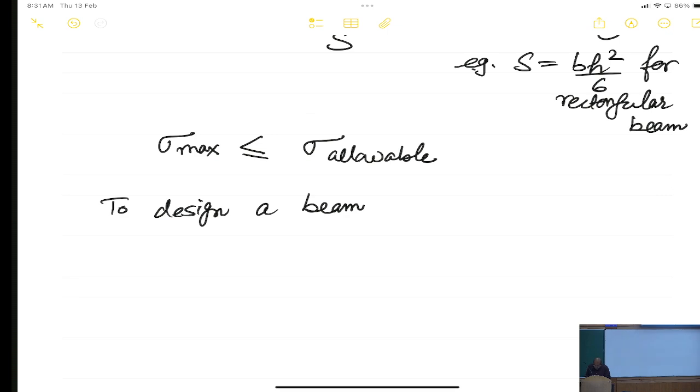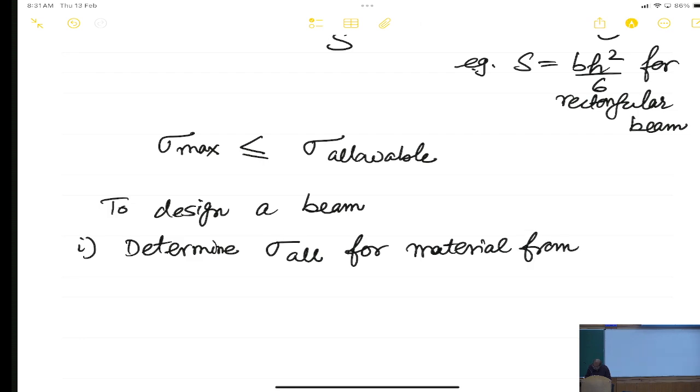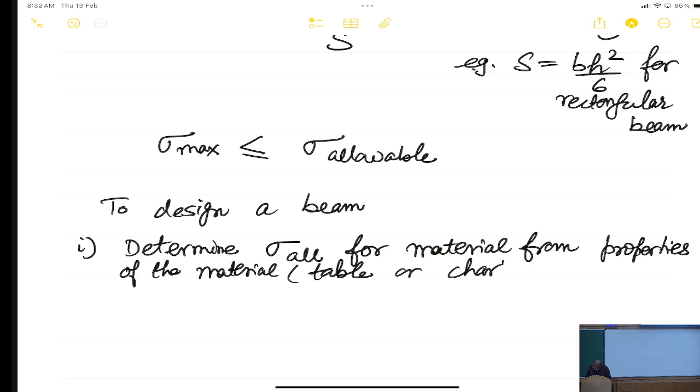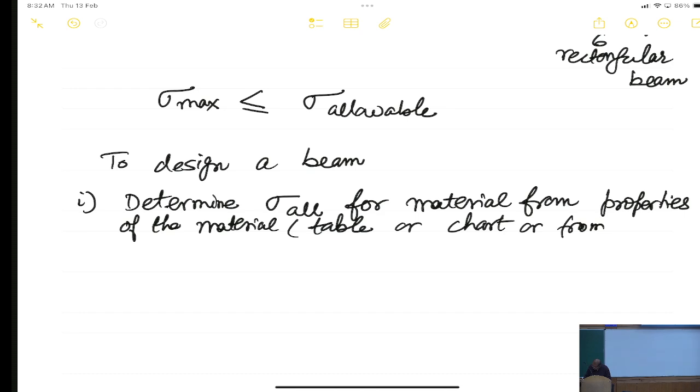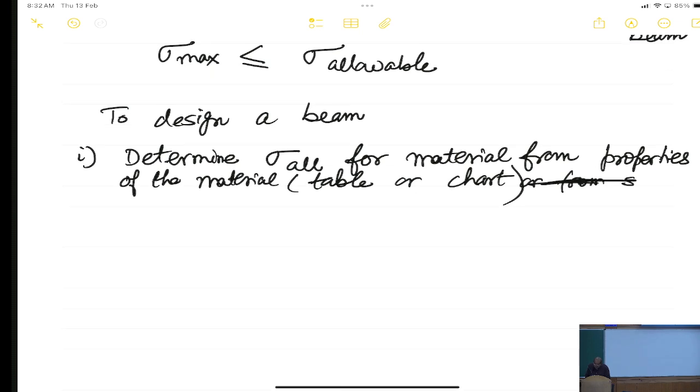So, to design a beam, the first step is to determine sigma allowable for the material from some table or chart for that material, and you may use sigma ultimate divided by a factor of safety.